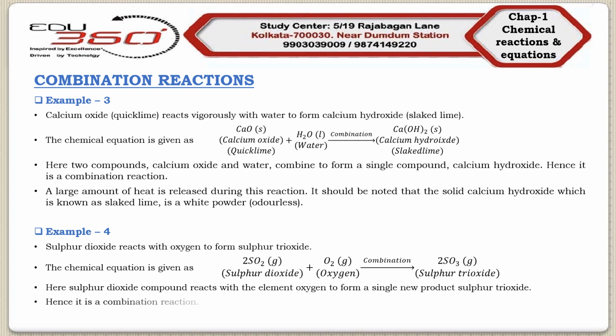So it is again an example of combination reaction. In these four examples of combination reactions, we have discussed the combination of two elements, combination of two compounds, and combination of one compound with one element.